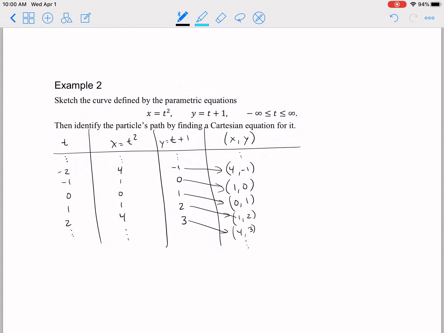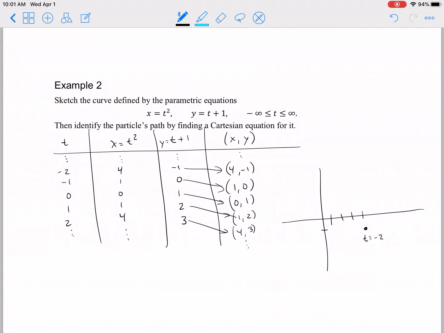And if we go and try to start actually graphing this, we can start here, and we can even start it at t equals -2. We have the point 4, -1. So we'd have to come out here 1, 2, 3, 4, and then -1, and that's our first point. That's t equals -2.